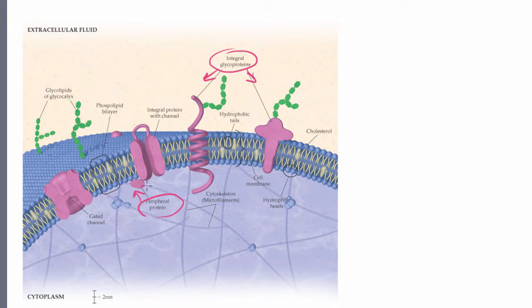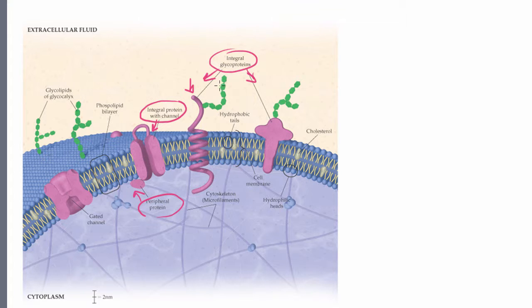The integral proteins, and here we have an example of an integral protein, extend completely through the cell membrane. And they're basically anchored by hydrophobic regions, and these extend through the bilayer. Sometimes the hydrophobic amino acid chain can twist in and out, as we see here. It can twist in and out of the membrane many times before ending on the exterior of the membrane.